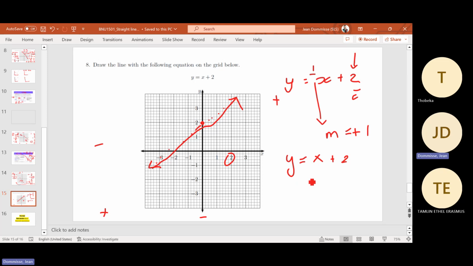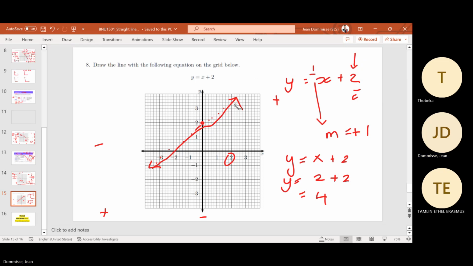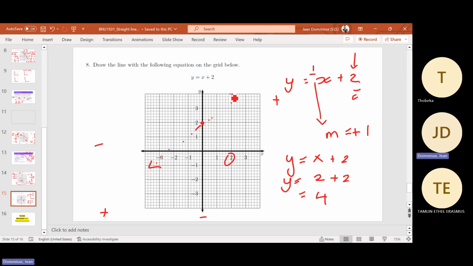So if we put in a value of x, that is 2, we can see that your y is equal to 4. So how this line should have been, and let's take that away, is where x was 2, y would have been 4.